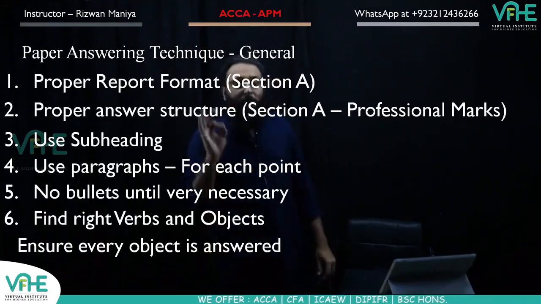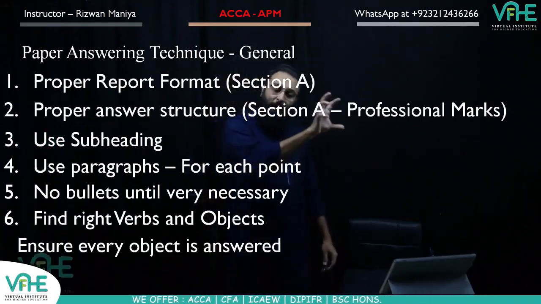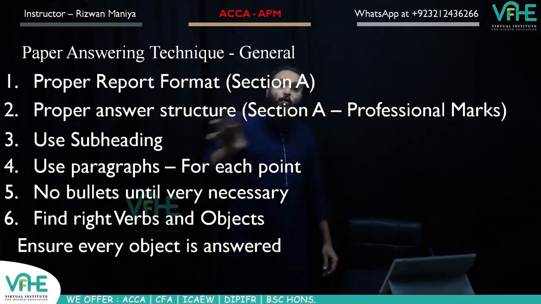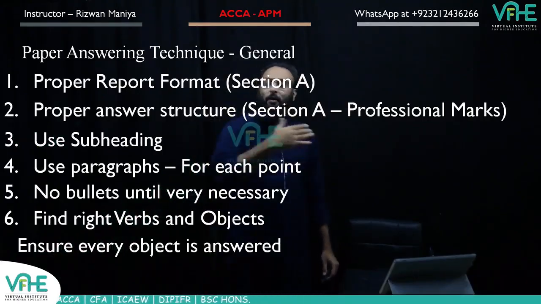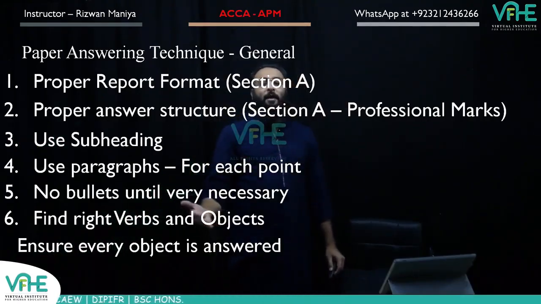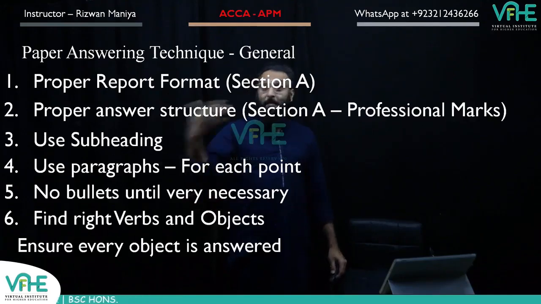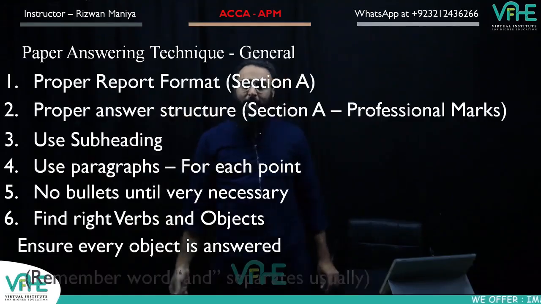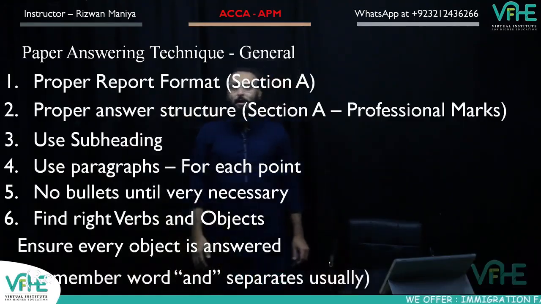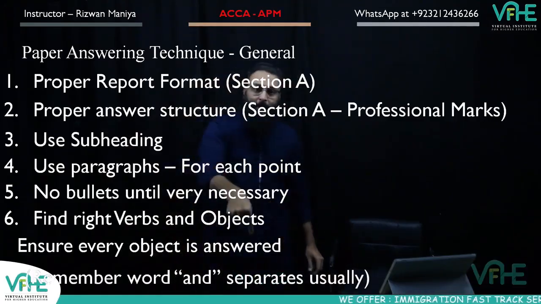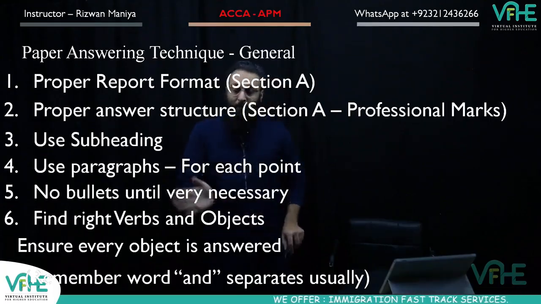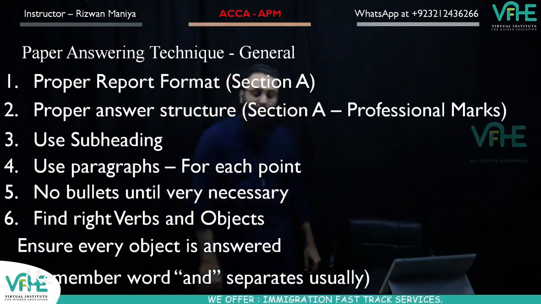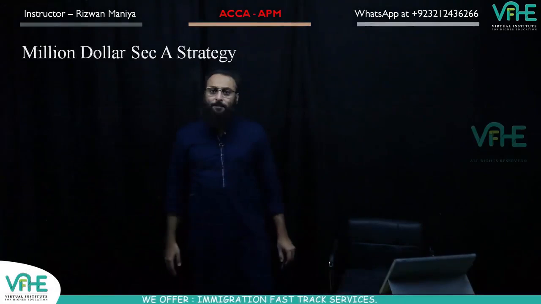Answer every object in one question. Even one requirement might have 2 objects or 3 objects. You know the way I have given you the guidance in webinars, sessions, videos, my portal content and live classes. Remember the word and. This and will give you the idea how many objects are in one requirement.